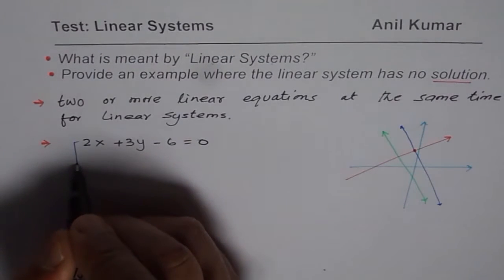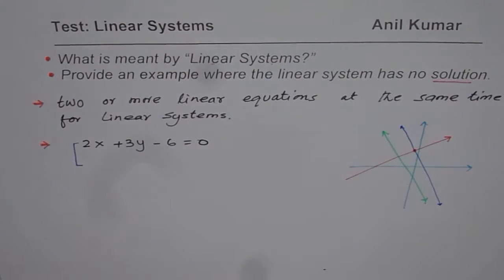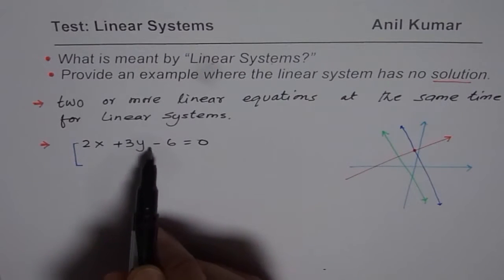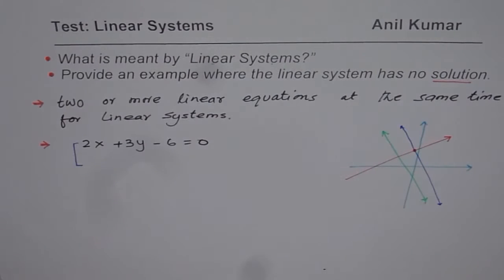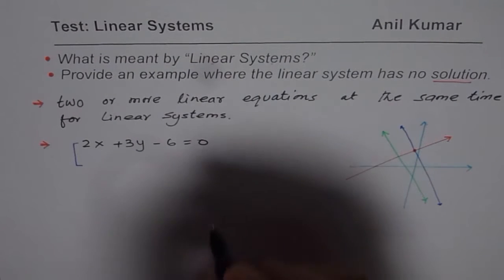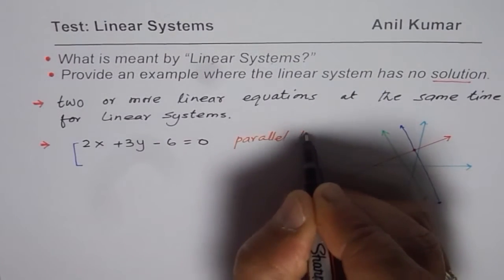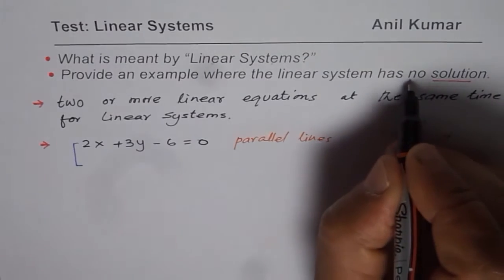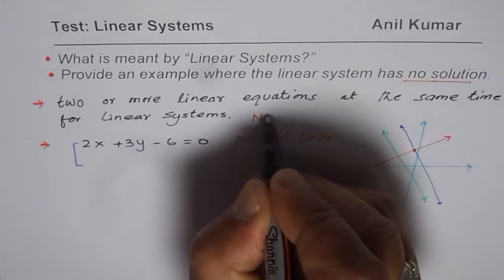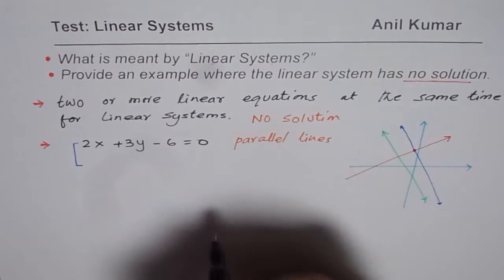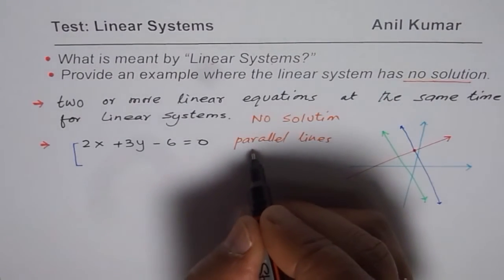For the other equation, I will rearrange this and try to write the equation of a line which has the same slope. If I am looking for the same slope, that means parallel lines, right? This is why there is no solution. So for no solution, what is the condition? Parallel lines means same slope, right?